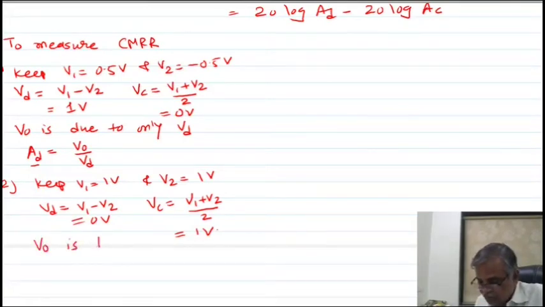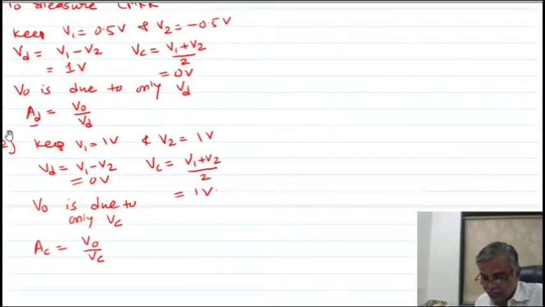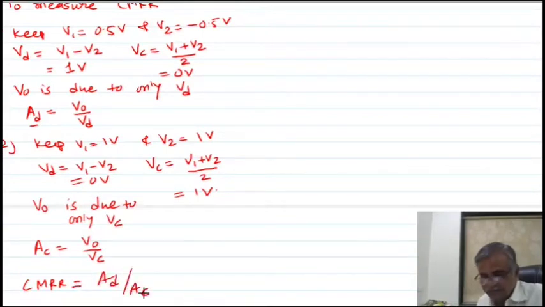So VO is due to only the common mode signal. Find the common mode gain, output upon common mode signal. So what is CMRR? CMRR is AD by AC. So in this way you can find the CMRR of the op-amp.